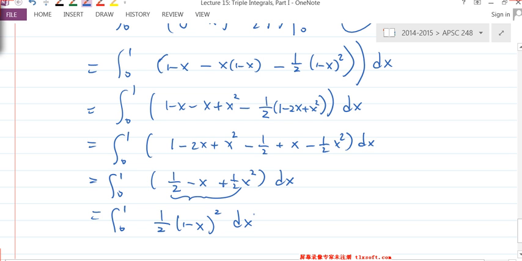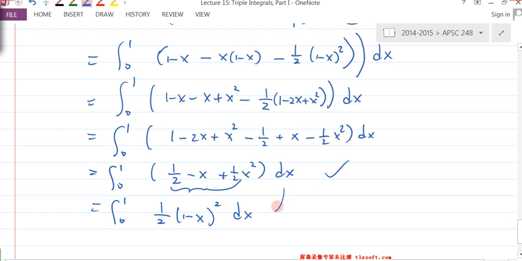So it actually depends on how you look at it. You can separate the integrals from here, or if you come to this step here, you actually have to use a simple substitution, basically let u equal to 1 minus x. So it depends on how comfortable you are, right? But anyhow, we will end up with 1/6.